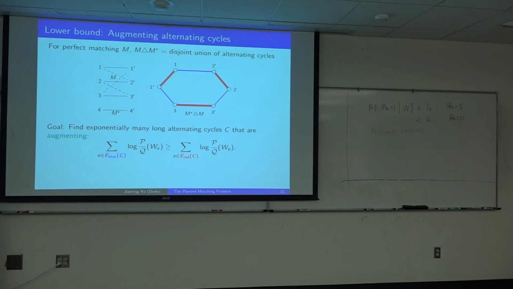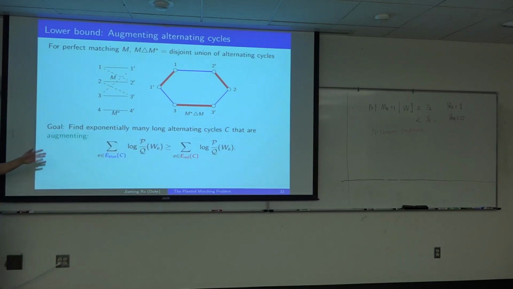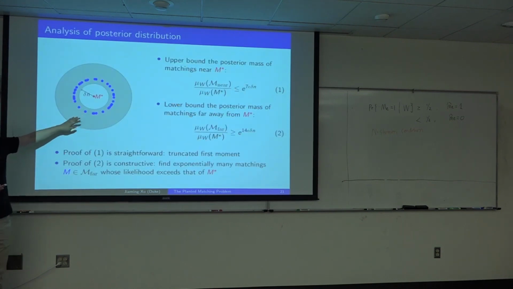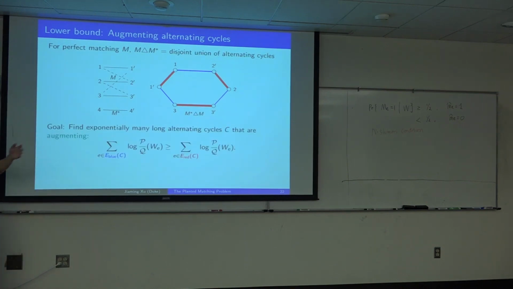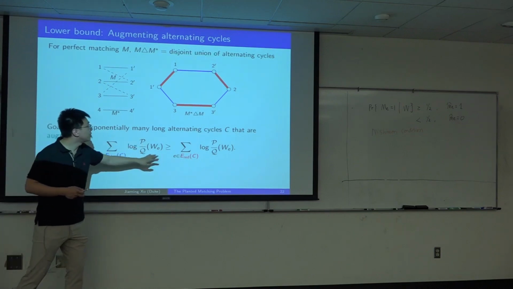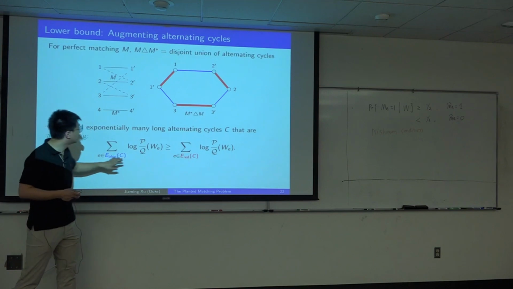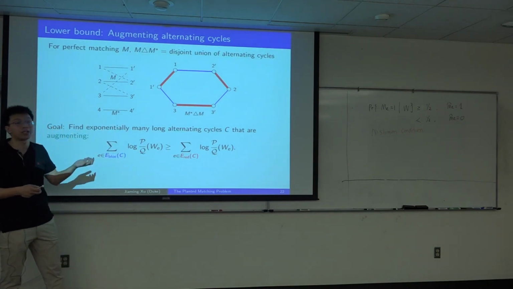Okay, let me pause a little bit. First thing is that you want them to be long because you want to make sure those matchings are far away from the true matching, like in this gray region, right? So that's why you need this alternating cycle to be long, so they are quite different. And the second thing, this augmenting, is because if this is true, then that means they actually have a common part of the true matching and the fake matching, all those edges they share in common, right?